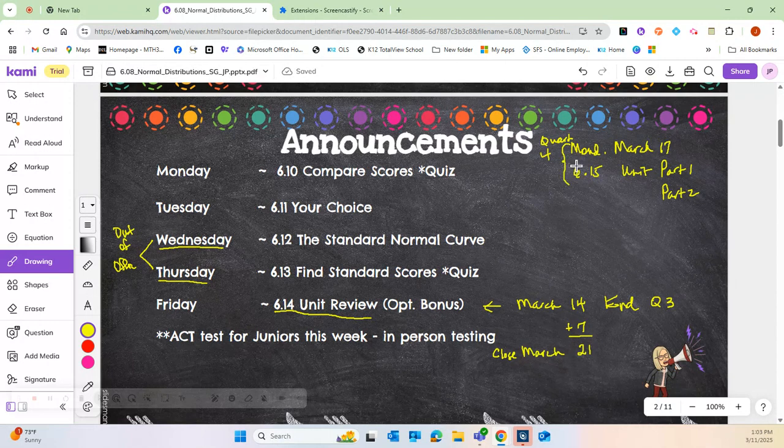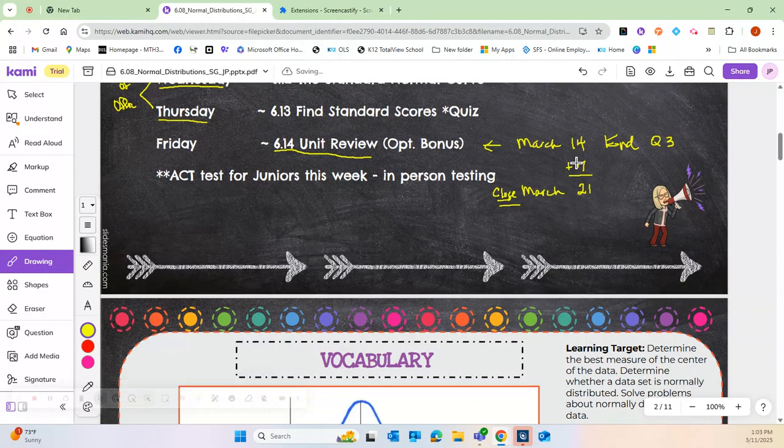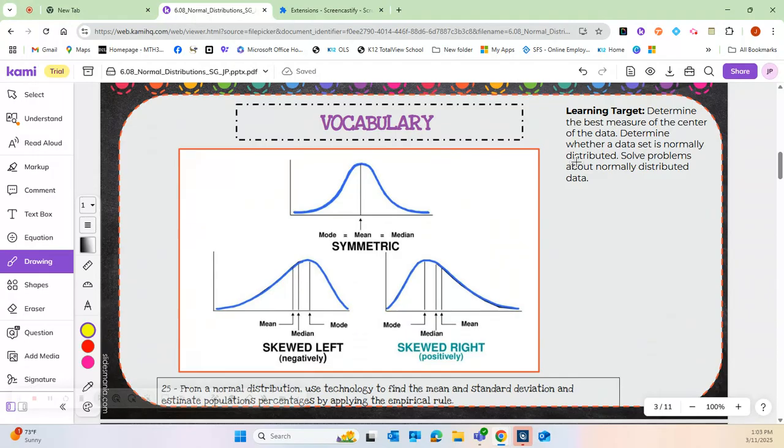So once you get to 6.15, that's quarter 4, and they'll have a different ending date. But this Friday, March the 14th, is the end of quarter 3. You have a 7-day extension, and then all of your assignments will close on March the 21st. If you have any questions about that, definitely let me know.